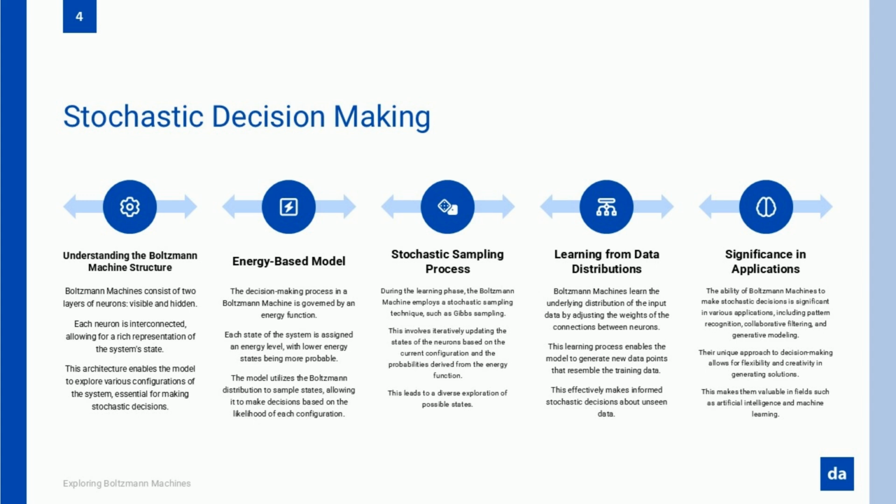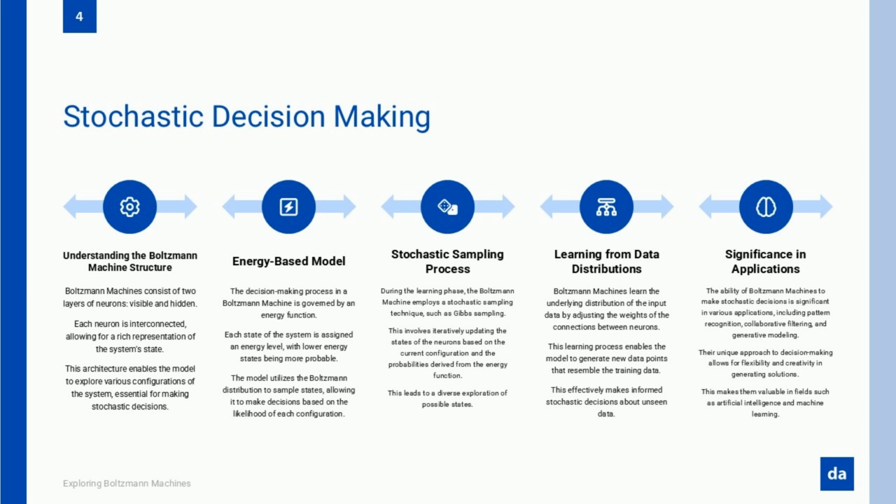Now that we understand the structure of Boltzmann machines, let's talk about what makes them truly unique. Their ability to make stochastic decisions. Unlike traditional neural networks that follow strict rule-based computations, Boltzmann machines introduce randomness into the learning process. Instead of deterministically assigning outputs based on fixed calculations, they make decisions based on probabilities. This allows them to explore multiple possibilities rather than just converging to a single predefined answer.